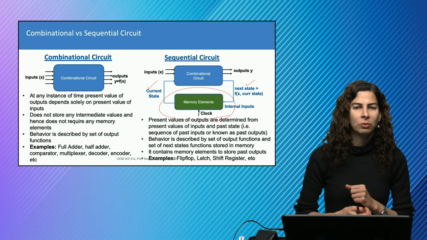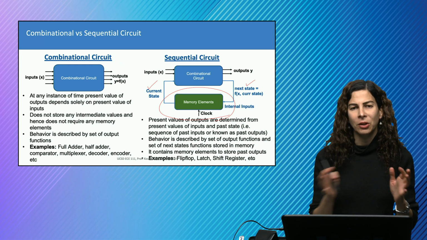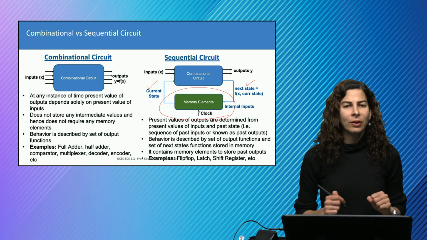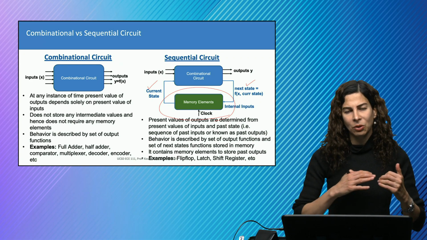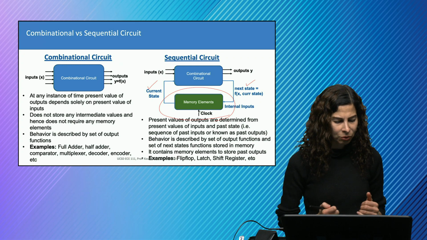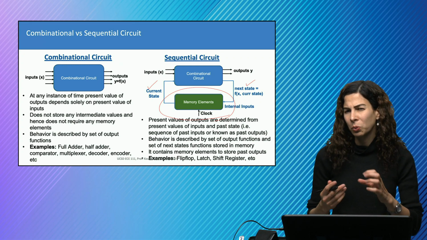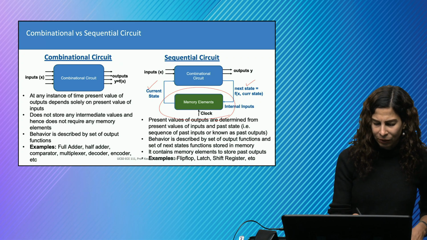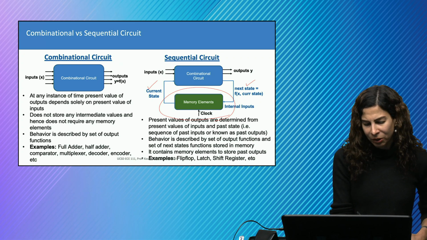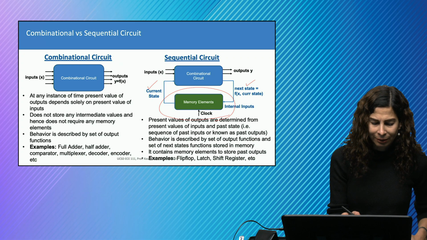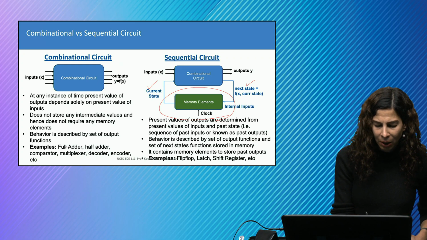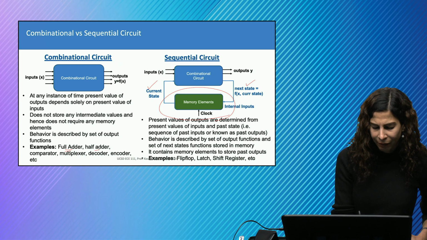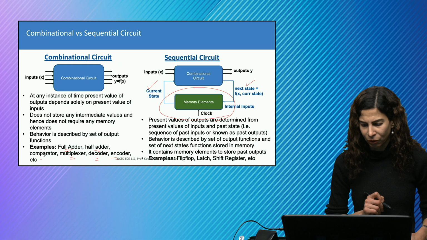Assuming ideally there is no logic propagation delay, this just directly translates to the output, and the intermediate values don't store the previous values that they had. Examples of this are circuits we discussed in lectures 4 and 5, like full adder, half adder, multiplexers, decoder, encoder, comparator, etc.